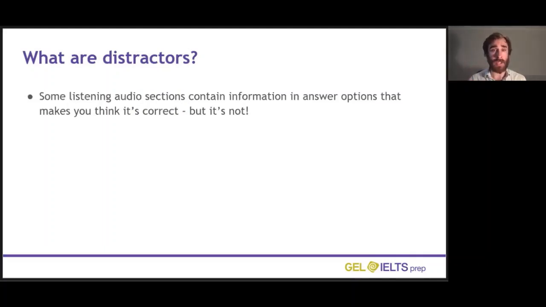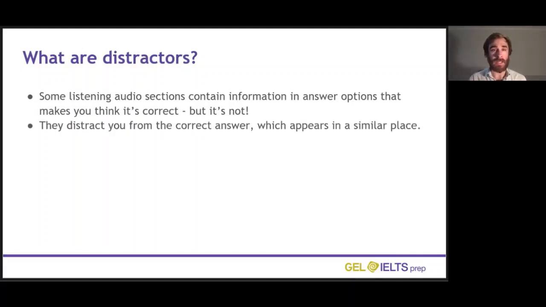There are some sections of the recording that contain information that you will see in the answer options, or that could be possible in the spaces of answer options. This information will make you think it's correct, but it's not correct. These pieces of information distract you from the real correct answer, which appears in a similar place in the recording. This is why we call them distractors.